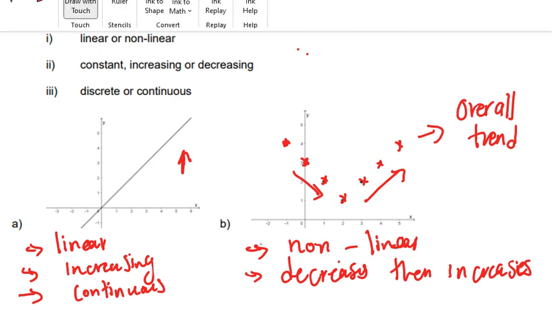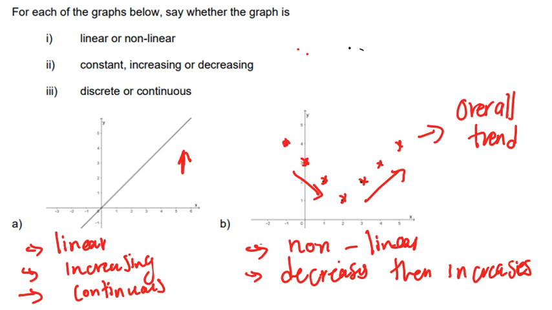If you are asked to describe an overall trend, you are supposed to say your graph is increasing. Why? Because your graph starts decreasing, but eventually, at the end, it starts to increase. So you can just say your graph is increasing if you are asked for an overall trend.